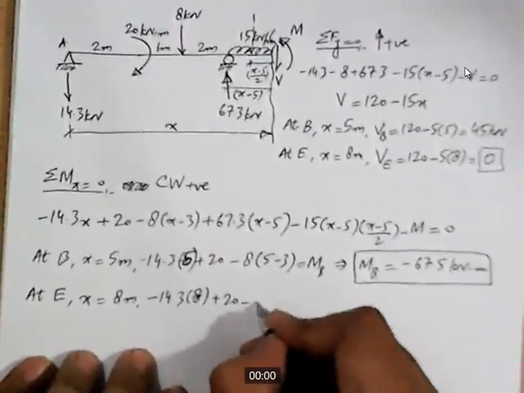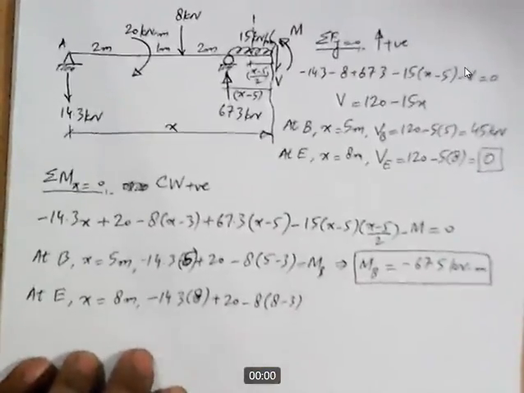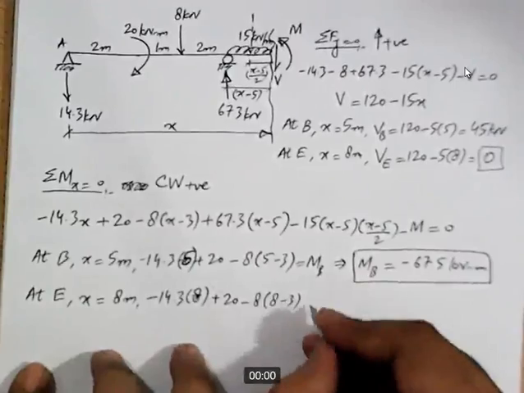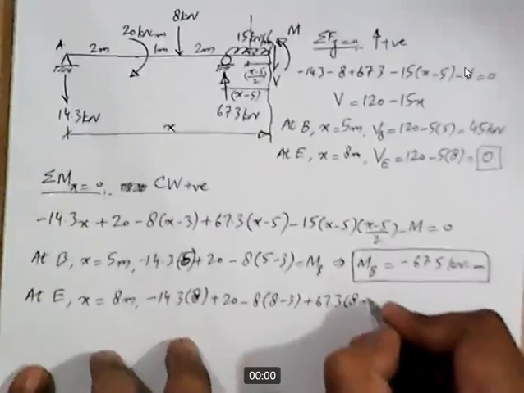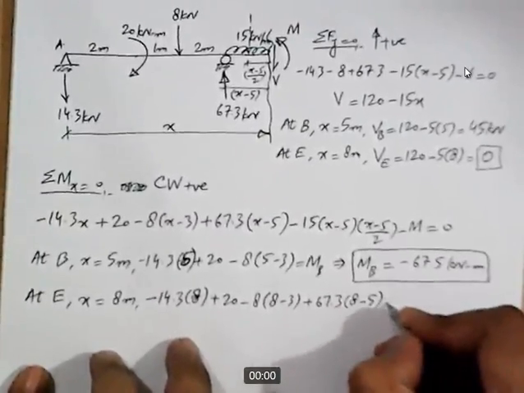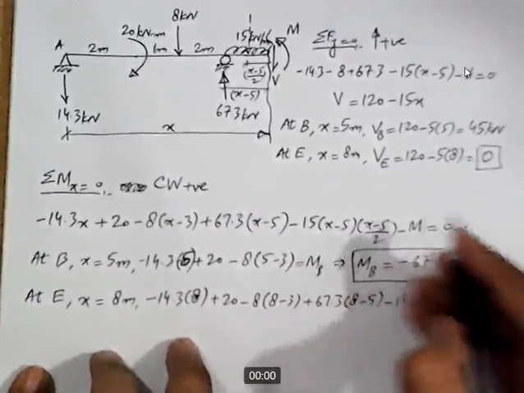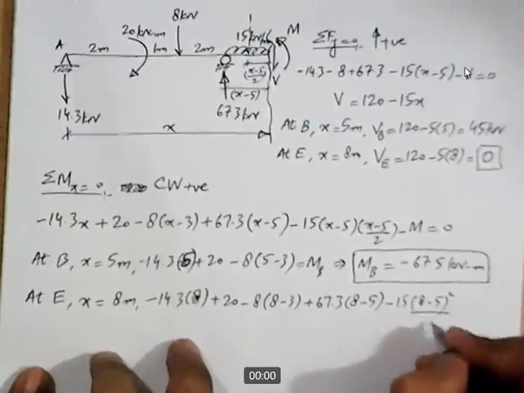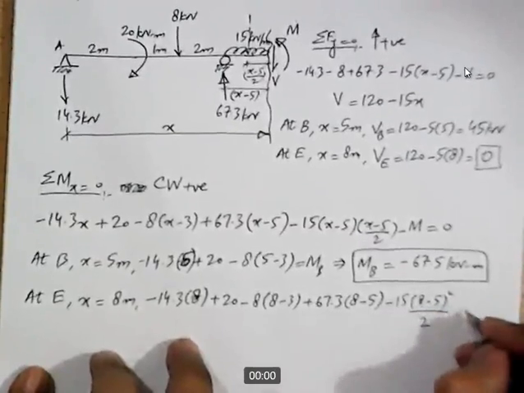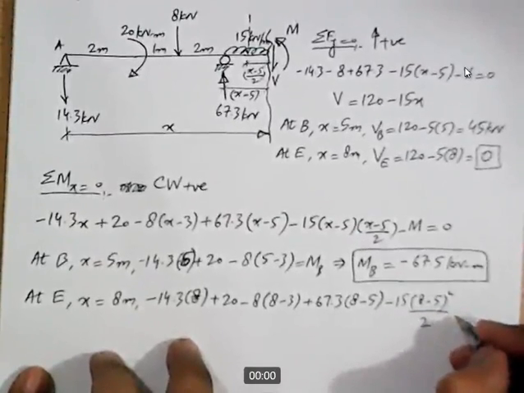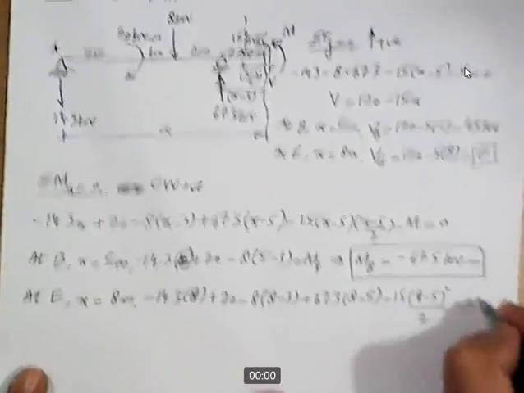Plus 20 minus 8 into 8 minus 3, plus 67.3 into 8 minus 5, minus 15 into 8 minus 5, and this is 8 minus 5 square divided by 2, right? And we have then ME, and this is equal to ME.